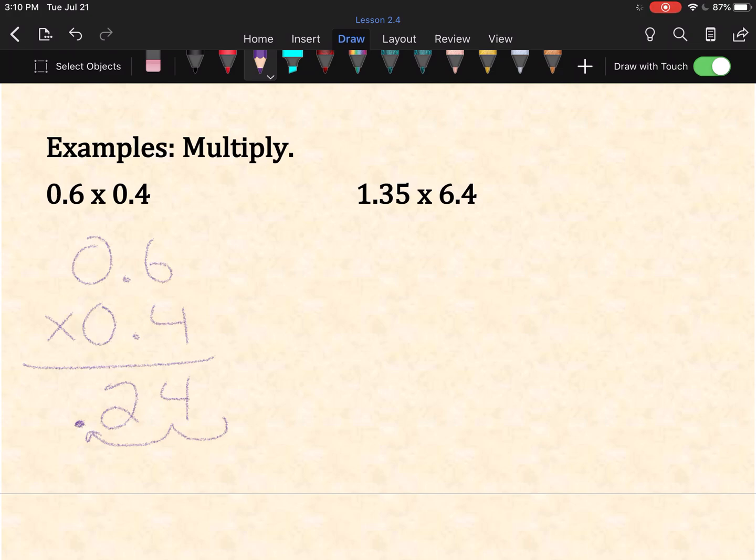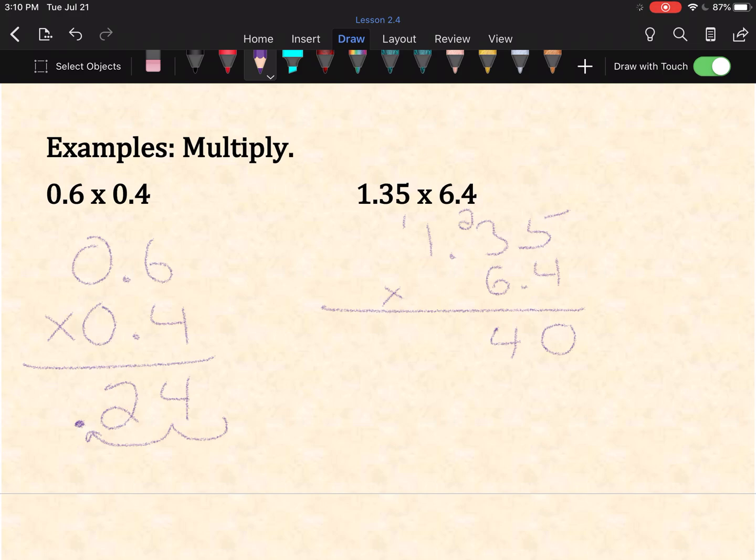Next, I have 1.35 times 6.4. 6.4 is shorter in that it has 2 digits instead of 3, so I'm going to put that as my second number. Again, we pretty much can ignore the decimal points while we start here. 4 times 5 is 20, carry the 2. 4 times 3 is 12, plus 2 is 14, carry the 1.